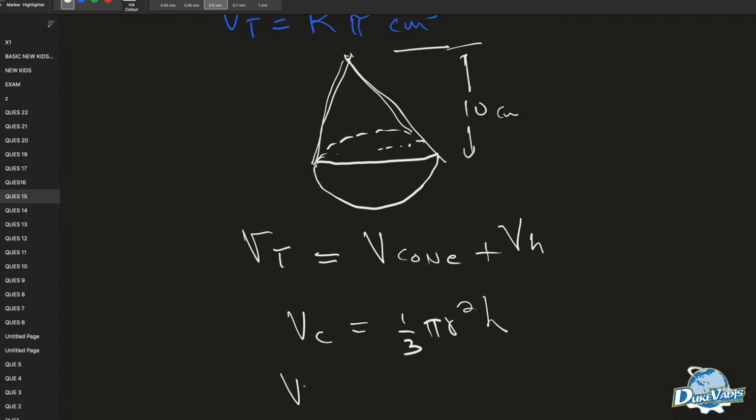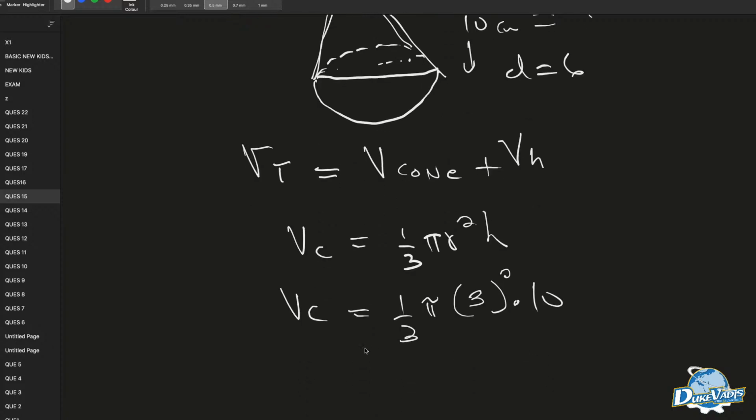So the volume of the cone VC will be 1/3 pi, the diameter being 6, meaning the radius is 3. So 3 squared, multiplying by the height, which is 10.